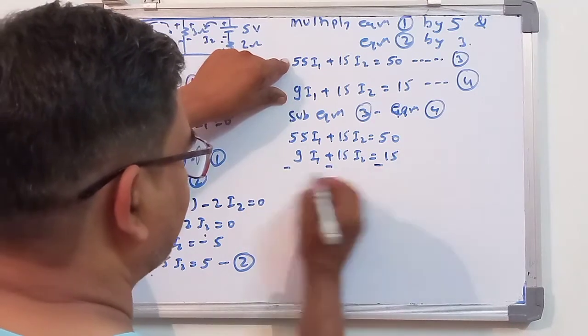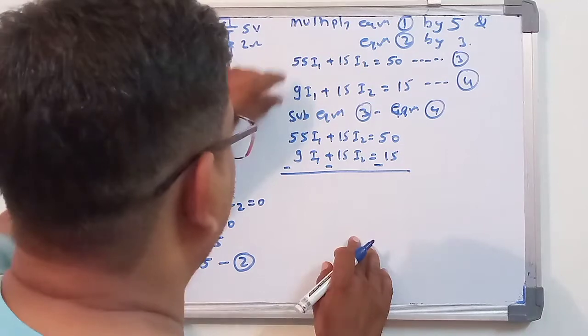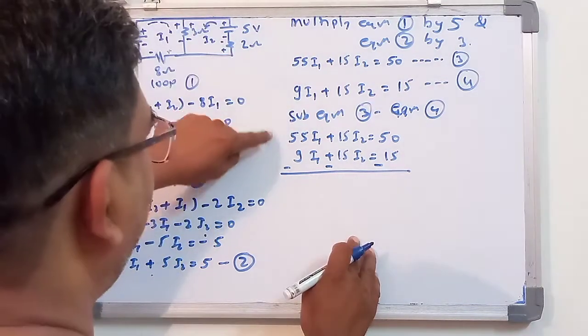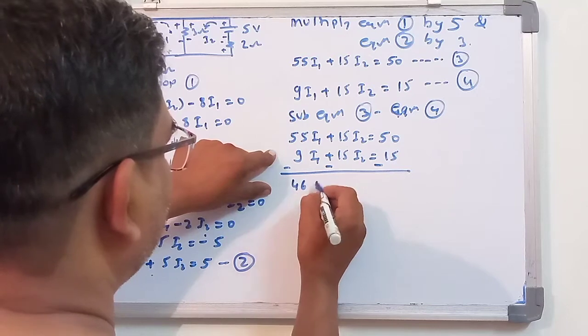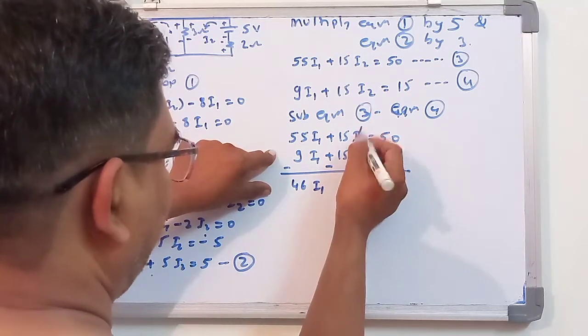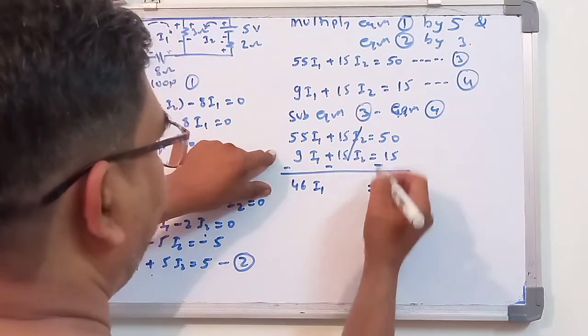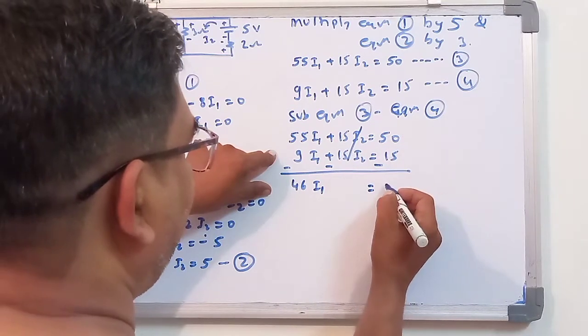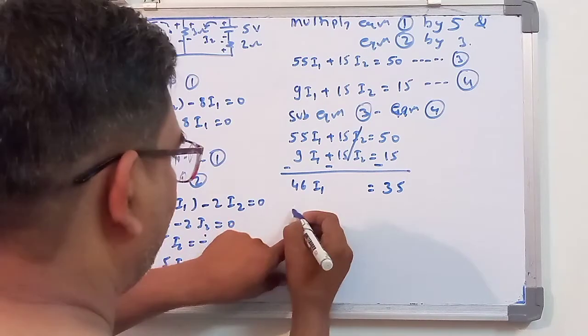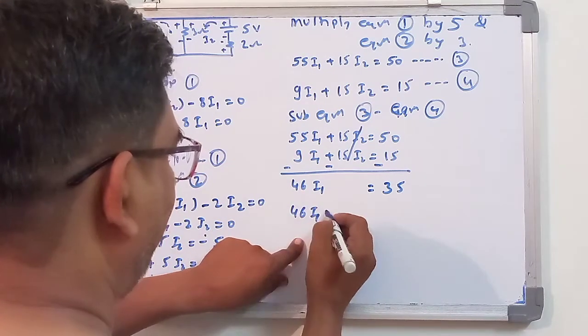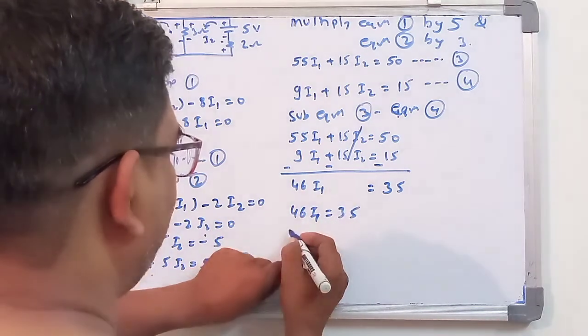Minus, minus and minus. So 55 minus 9, what will you get? You obtain 46 I1. The I2 will get cancelled. And 50 minus 15, you will get 35. So 46 I1 is equal to 35.